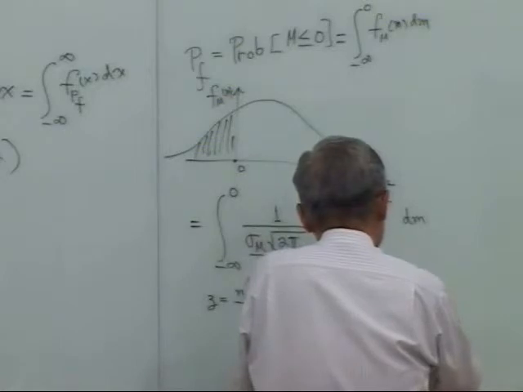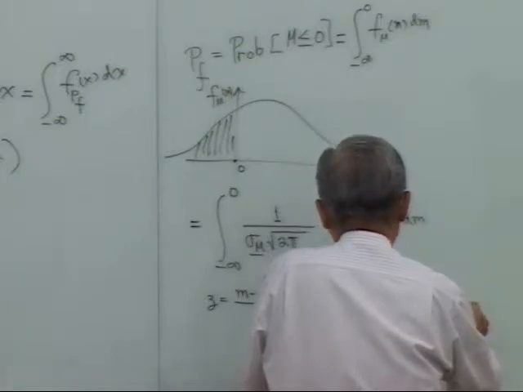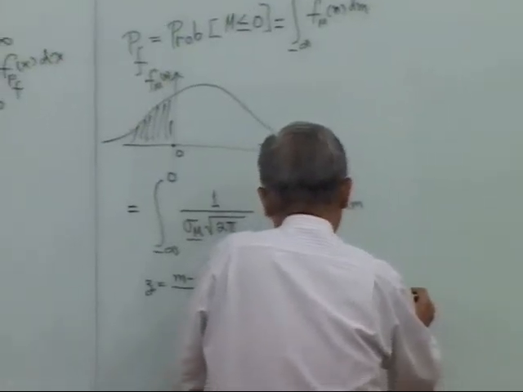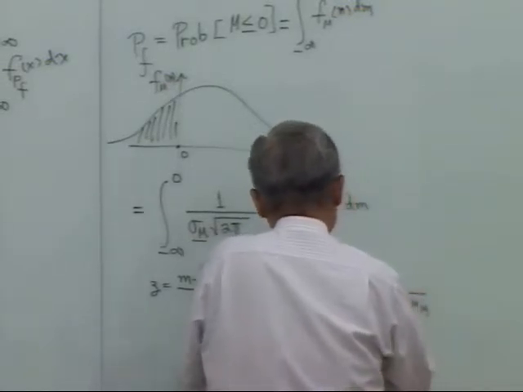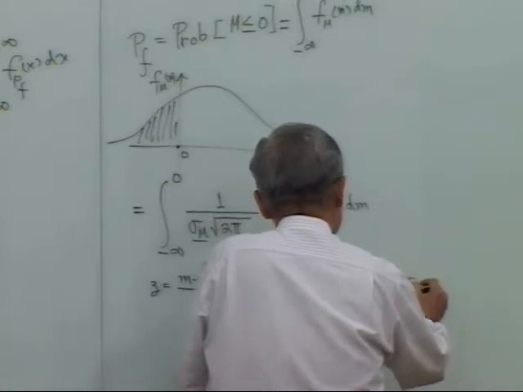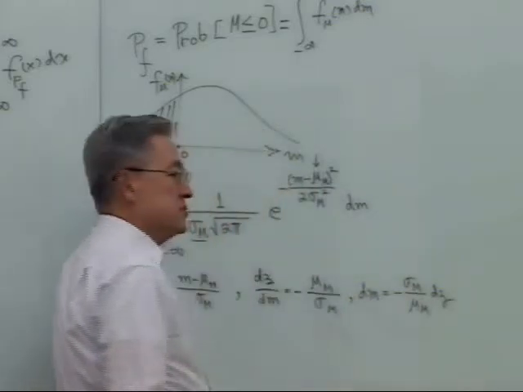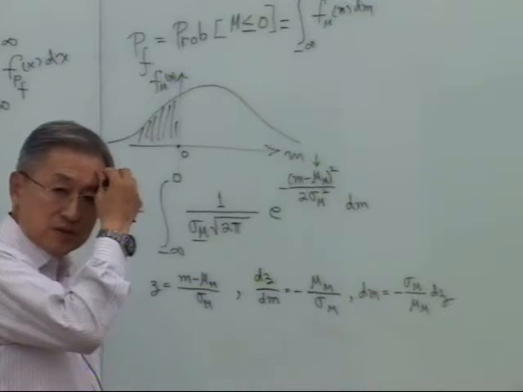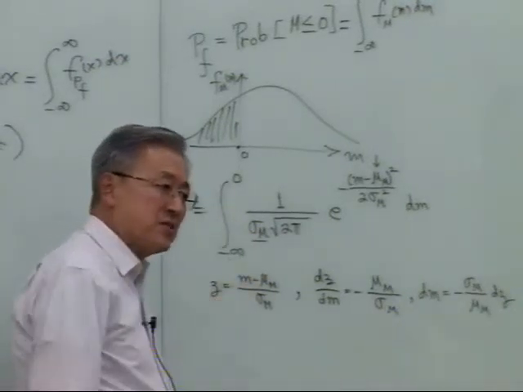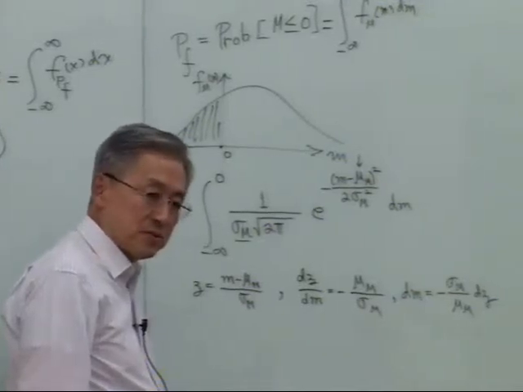Then dm is equal to sigma_M dz. We try to normalize it, then change into the standard format for normal distributions.